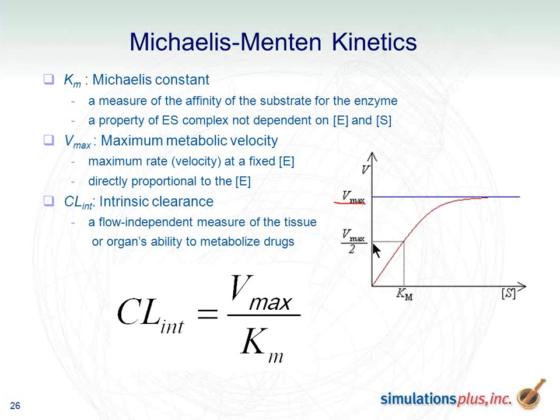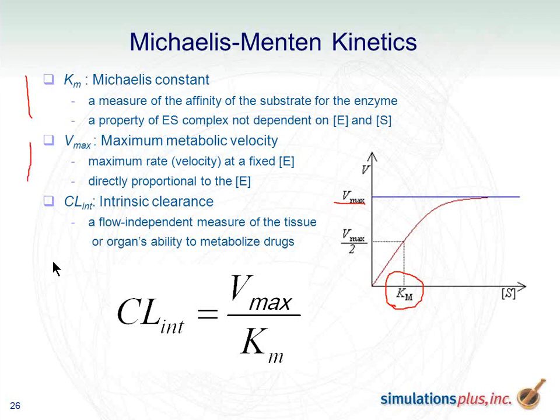Then if you go down to half of the Vmax, cut over on the graph, and then down, this is the Michaelis constant, or Km. So Km is a measure of the affinity of the substrate for the enzyme. It's a property of the enzyme substrate complex, and doesn't depend upon the concentration of the enzyme and the substrate.